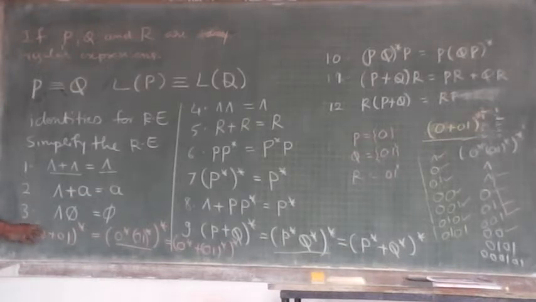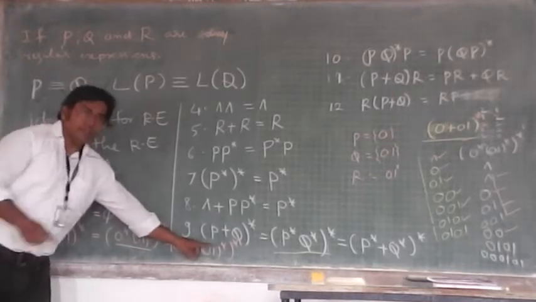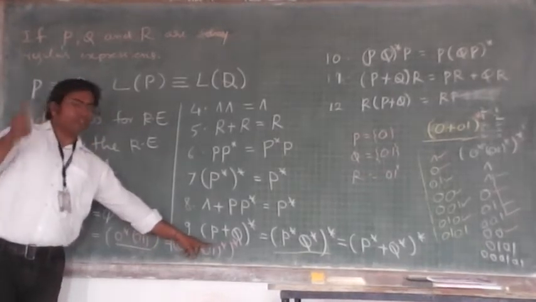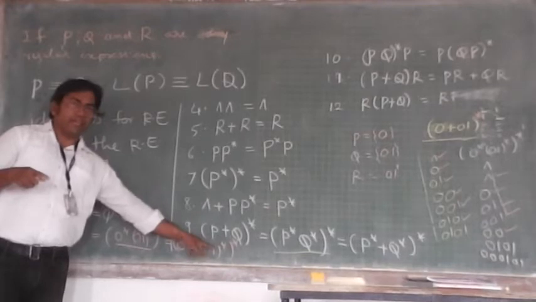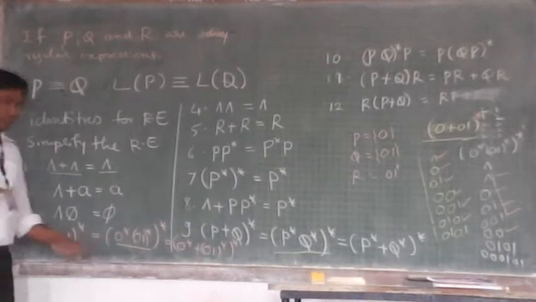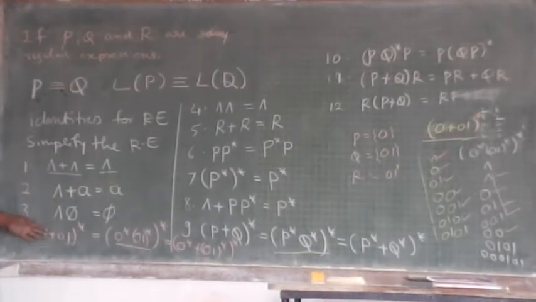This 0 star effect I am getting in this expression, the same effect I am getting in the other expression also. 0 1 star, I can repeat 0 1 zero or more times. That effect again I am getting in this expression also.